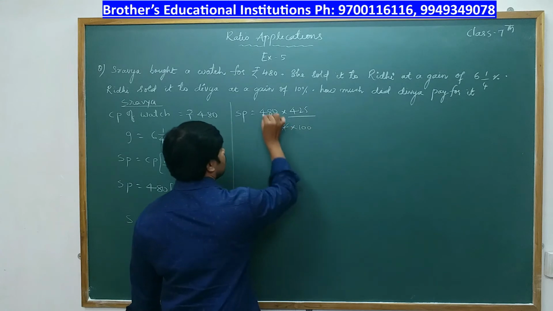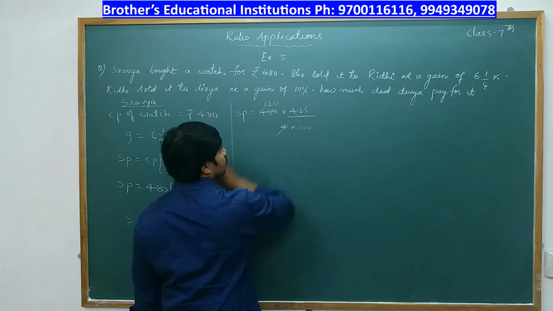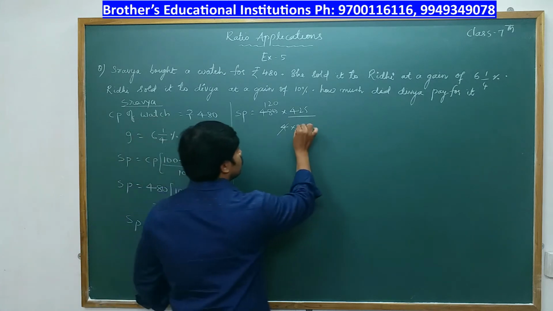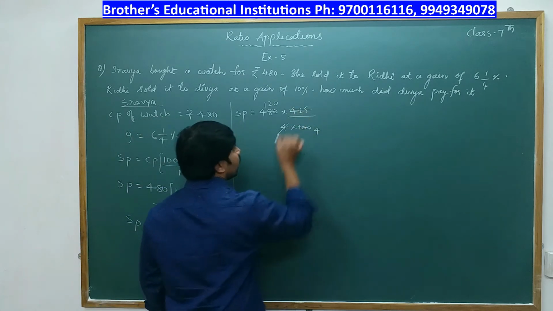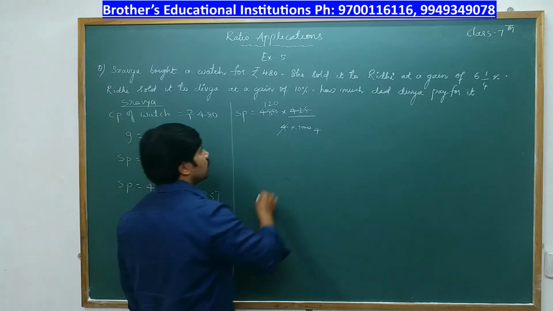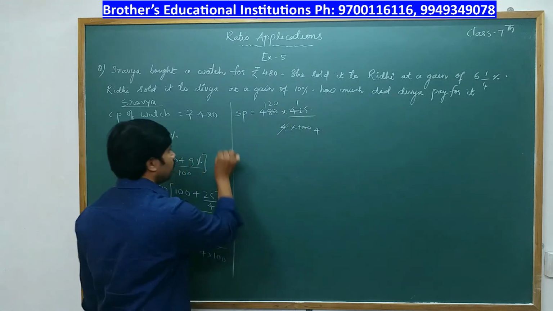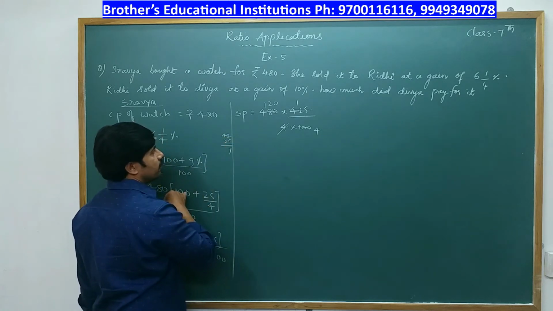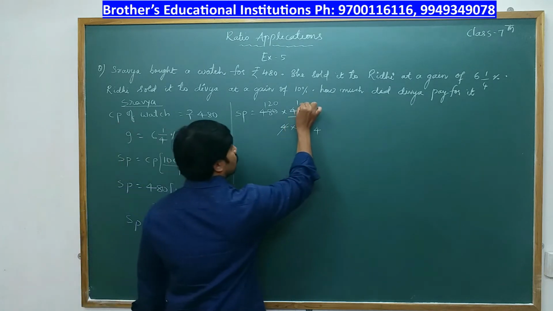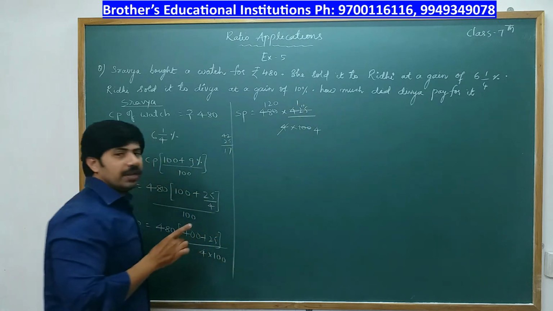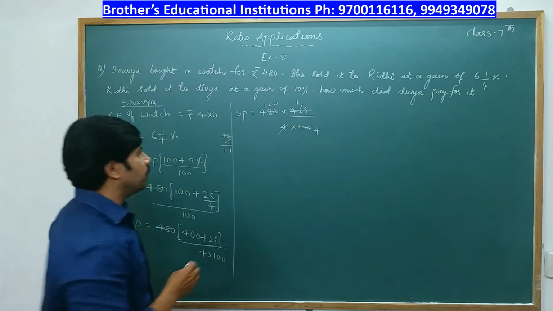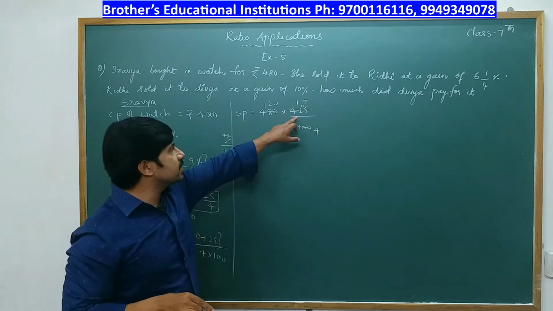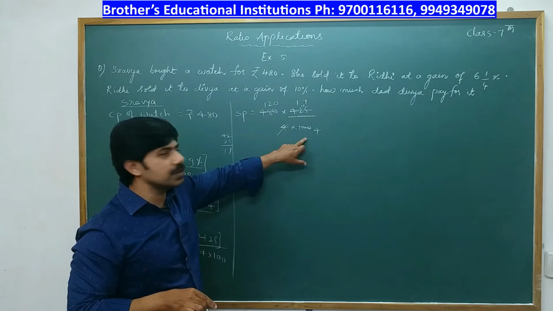So 4 ones are 4, 12s are 48, and the zeros we can eliminate. 25 goes how many times in 425? 25 ones are 25. So we have 42, subtract, and I'll get 175 here. 25 goes 7 times, that means 25 17s are 425, 25 4s are 100.